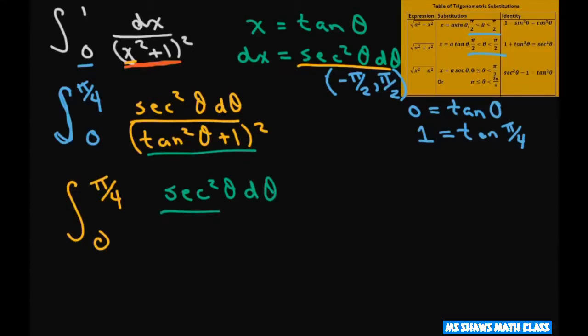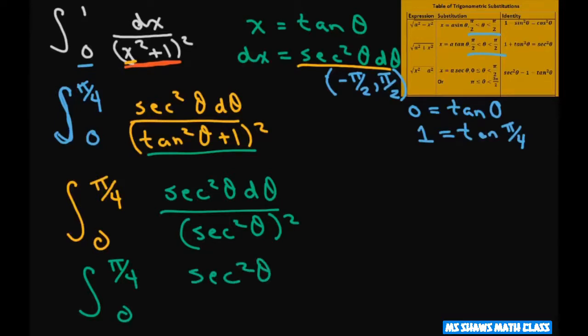So that's going to be secant squared theta squared using your Pythagorean identities. And this equals secant squared theta d theta divided by secant fourth of theta.